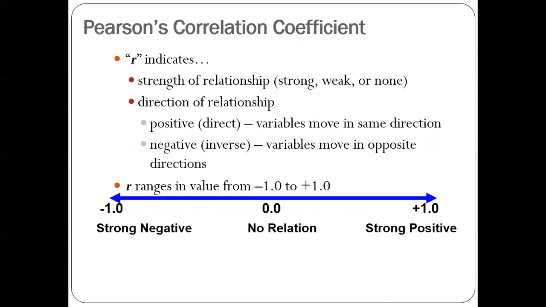R ranges in value from negative 1.0 to positive 1.0. Negative 1.0 is a strong negative, 0.0 is considered no relationship, and positive 1.0 is considered a strong positive.